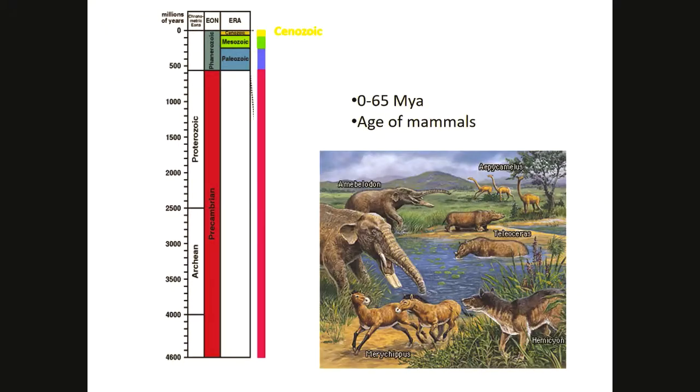And then moving forward out of the Mesozoic, the last era of the Phanerozoic is the Cenozoic, which is 65 million years ago to today. This is known as the age of mammals. So at the end of the Mesozoic, dinosaurs go bye-bye, and mammals inherit the Earth. Prior to the Cenozoic, mammals were mostly just rodent-like animals that only would come out at night because the dinosaurs would eat them if they came out during the day, and they were just being held down by the dinosaurs.